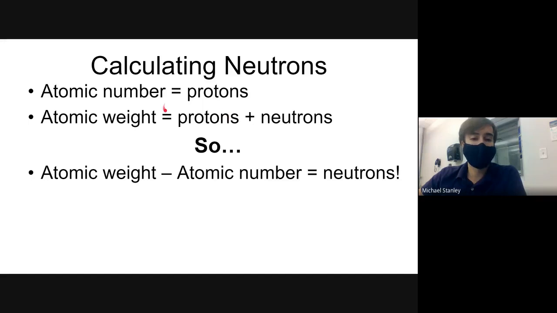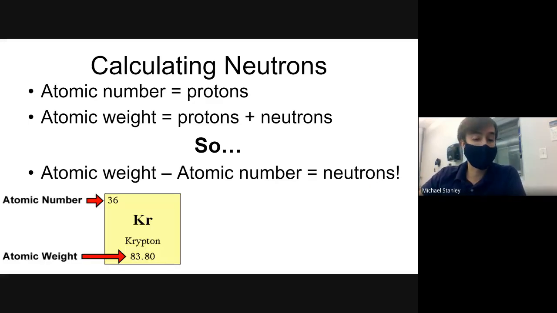You take away the protons, the atomic number, so weight minus the protons. When you take away the protons, you can figure out the neutrons. So the total minus the protons equals the neutrons, or the atomic weight minus the atomic number equals the number of neutrons.